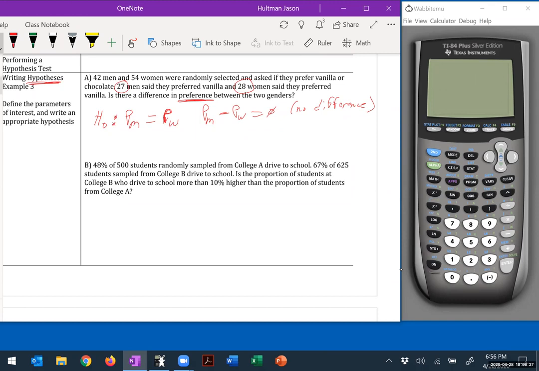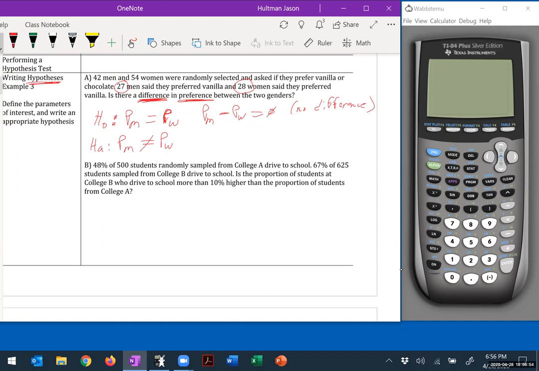Okay, what about my alternative hypothesis? My alternative is that there is a difference. Now, does it tell me whether it's more or less? No, it just tells me that there's a difference. So the proportion of men liking vanilla is not the same as the proportion of women liking vanilla.